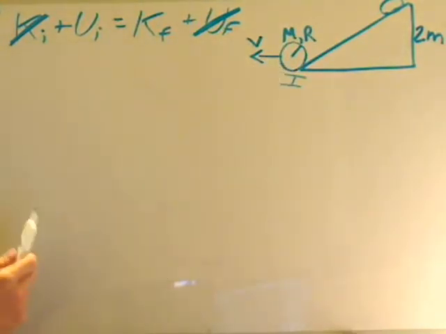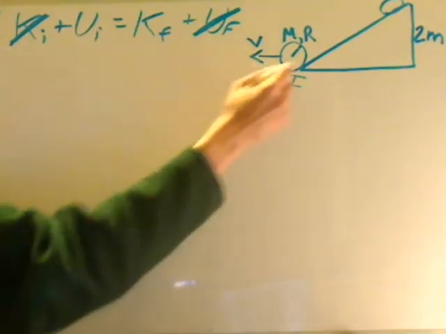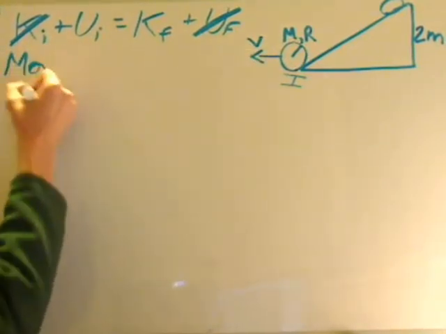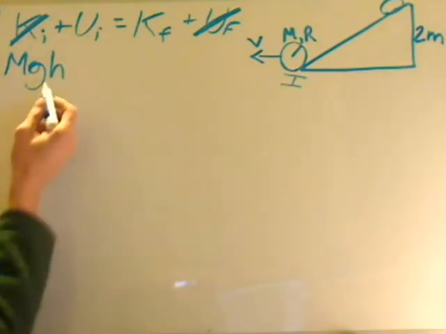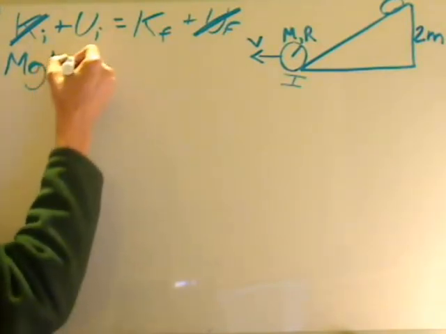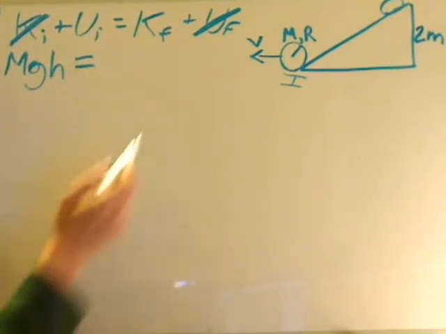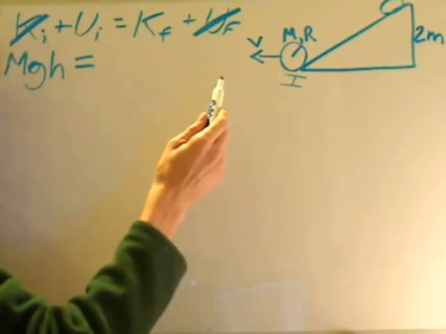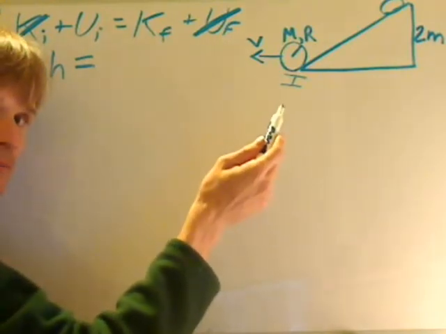Now, initial potential energy is mg times the height, which we know is 2 meters, and we'll put that in at the very end. That has to be equal to the final kinetic energy. Since this is a rolling object, the kinetic energy includes both translational and rotational kinetic energy.